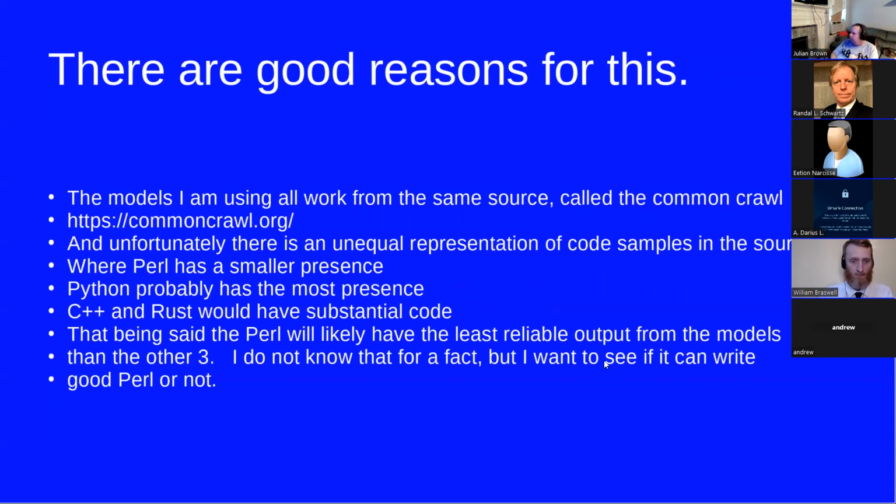Common Crawl is a website out there, but it's essentially what robots.txt and spiders and stuff like that do when search engines go out and grab all the stuff that's out there. Commoncrawl.org is where a lot of these models are trained on the stuff that's in the Common Crawl. Now, the Common Crawl has things other than code in it, obviously.